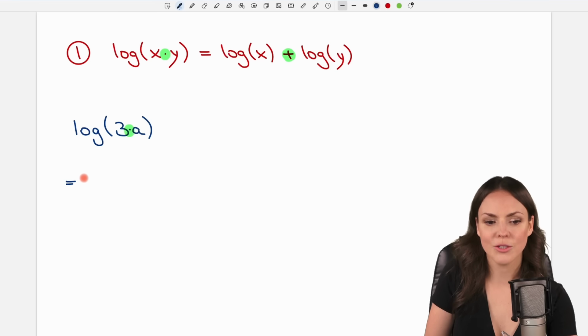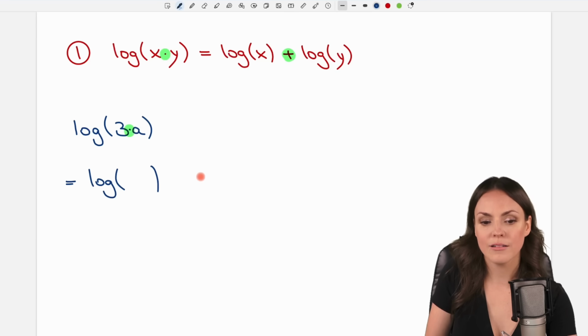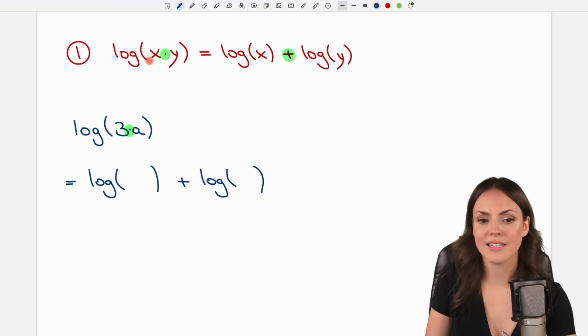So we are allowed to write this one logarithm as 2 logarithms that are connected by a plus. What is in my logarithms? Well, in the first one, I write everything that is in front of my multiplication symbol.